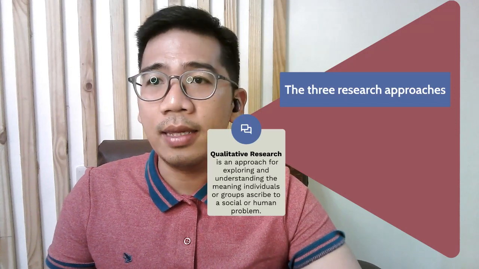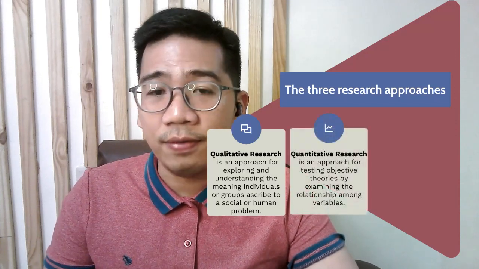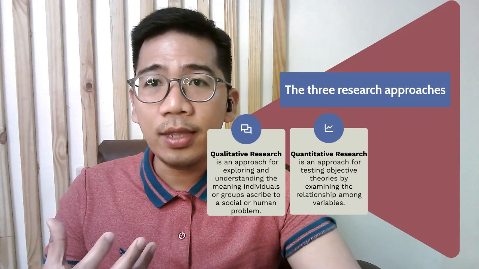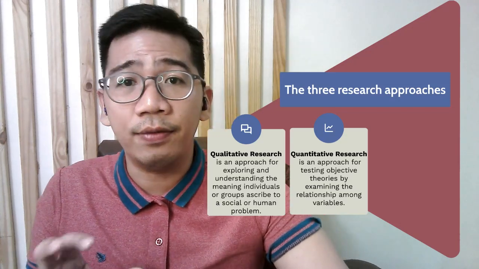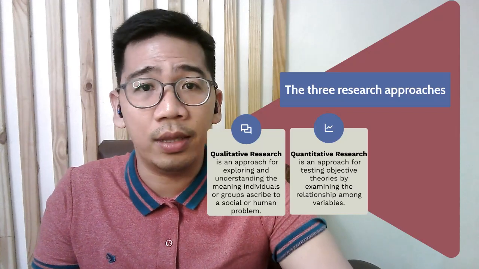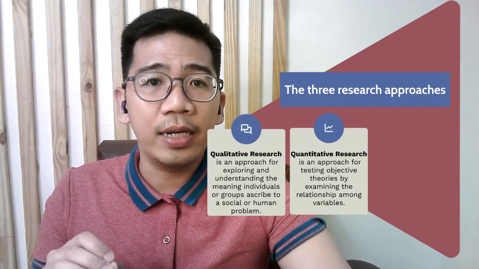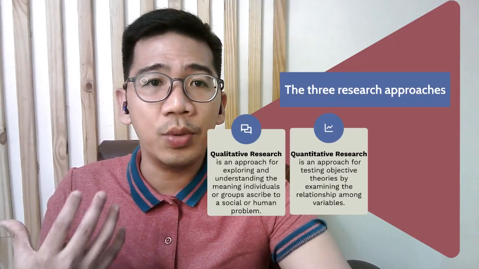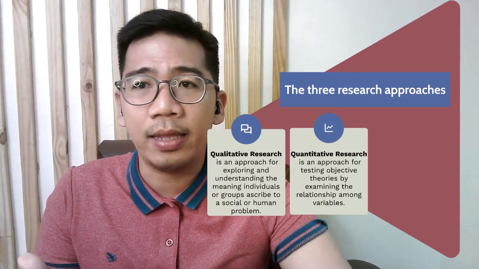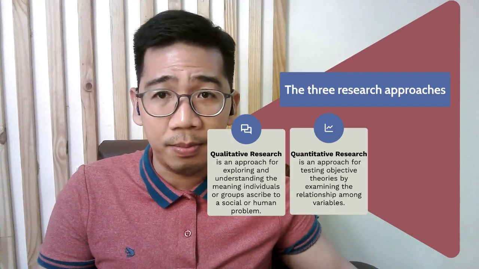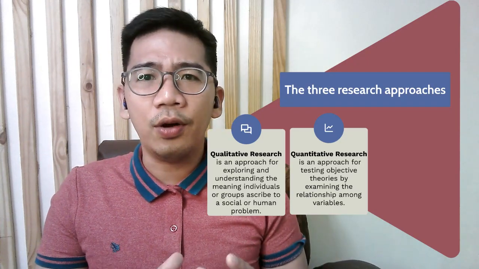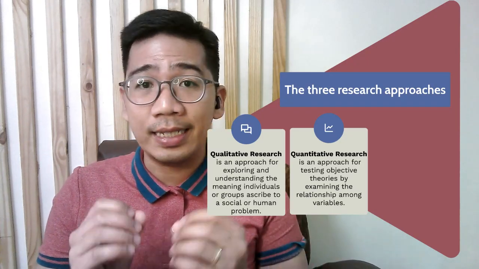On the other hand, there is quantitative research, which is a way to test objective theories by looking at how different variables relate to one another. These variables can be measured, usually with an instrument, so that statistical methods can be used to look at the numbers. The structure of the final written report is set.